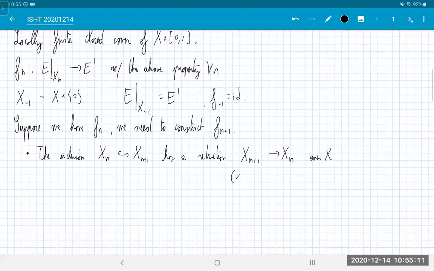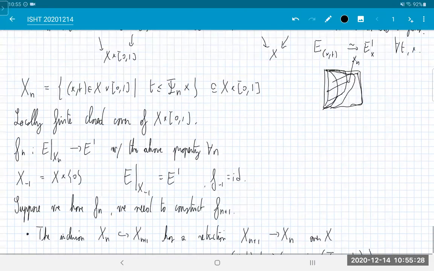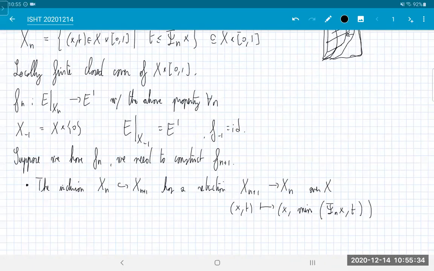This sends (x, t) to (x, the maximum between psi n of x and the minimum of t and psi n plus 1 of x). Like in this graph, I'm just sliding until I hit the next graph. So that's a continuous retraction.